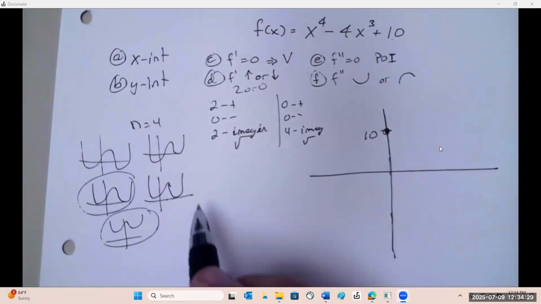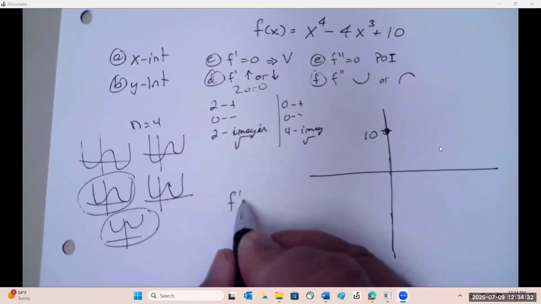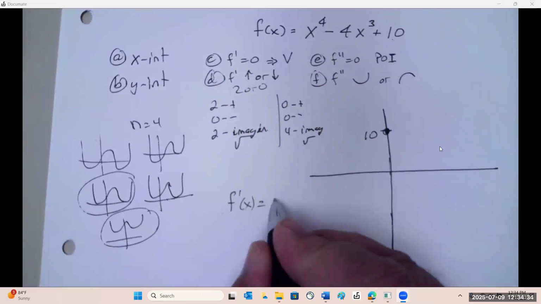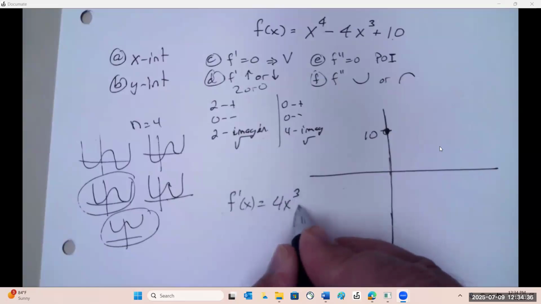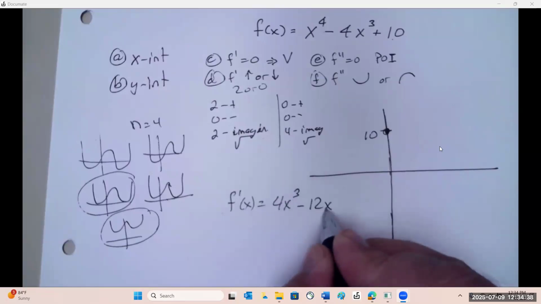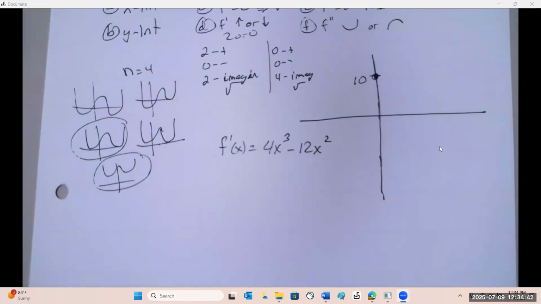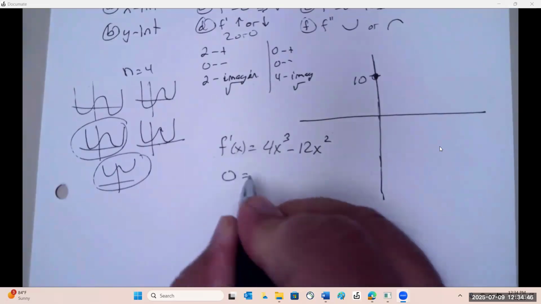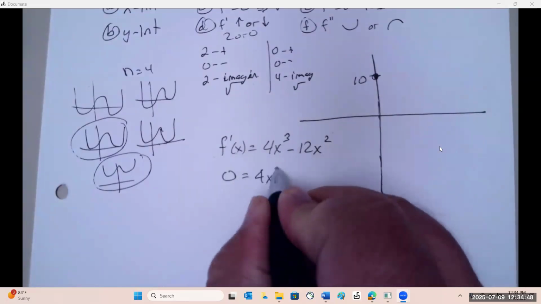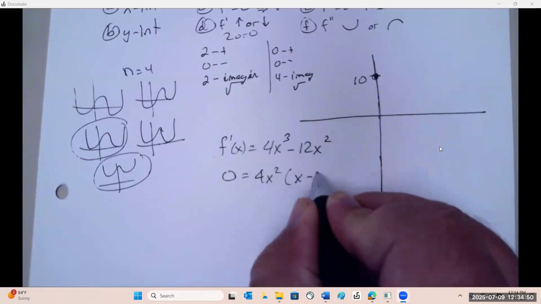So that's all we can do there. So we take the first derivative: 4x cubed minus 12x squared. Set that equal to 0. So we have 4x squared times (x minus 3).